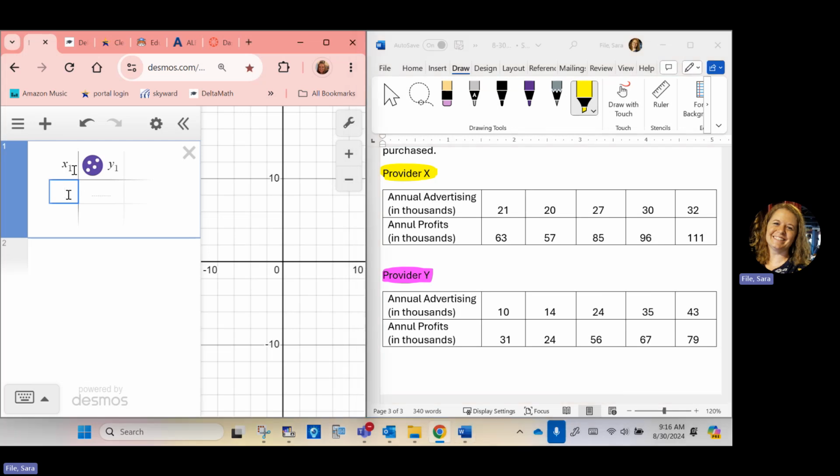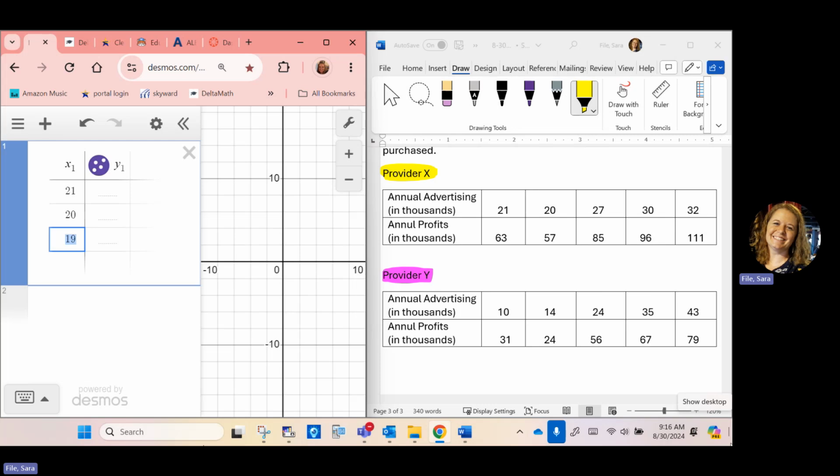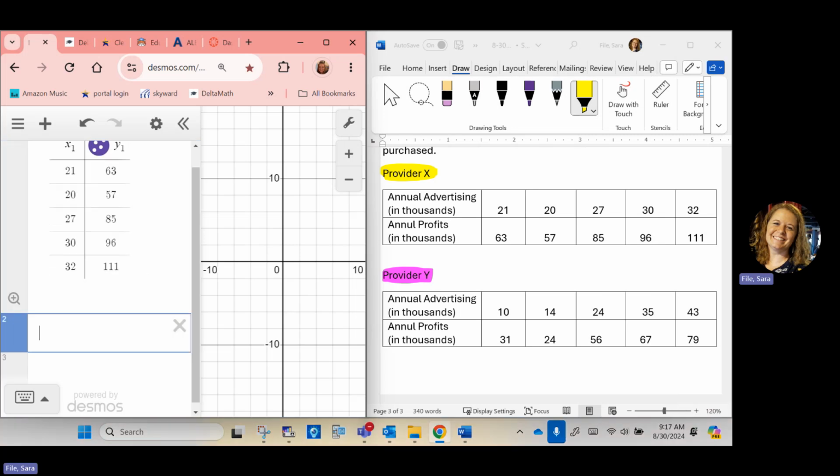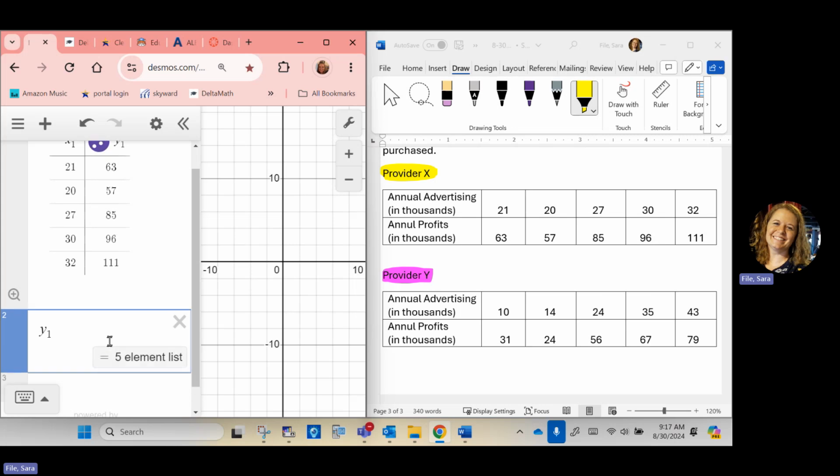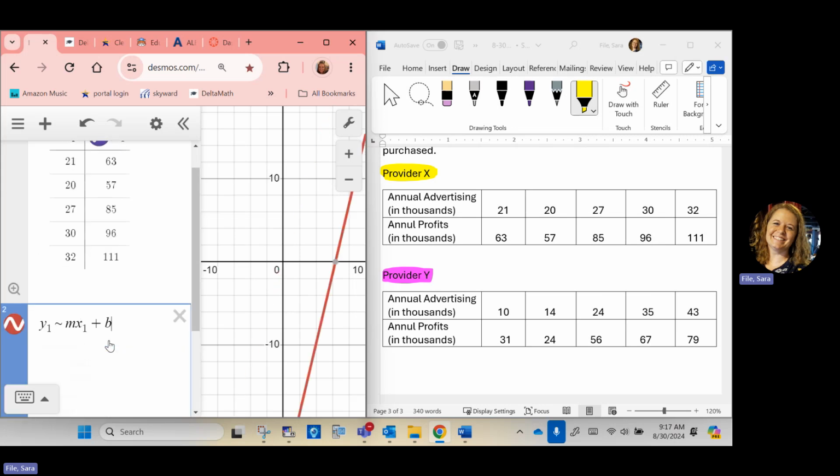Okay, so we're going to do our x values. Our inputs is the advertising amount. That's our independent variable. So that's 21. Now remember, these are thousands, but we're just using these to have smaller numbers in our equations. 30,000 and 32,000. For profits of 63,000, 57,000, 85,000, 96,000, and 111,000. Okay, so I'm going to type in y1 tilde mx1 plus b.